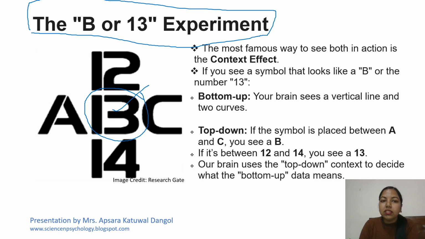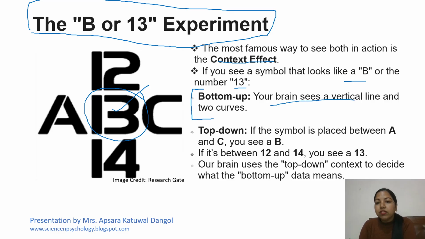This B and 13 experiment is very famous as a way to see both in action in the context effect. How context effect plays a major role over here, because if we see a symbol that looks like a B or the number 13, what happens in the bottom-up process? So what is the bottom-up process?